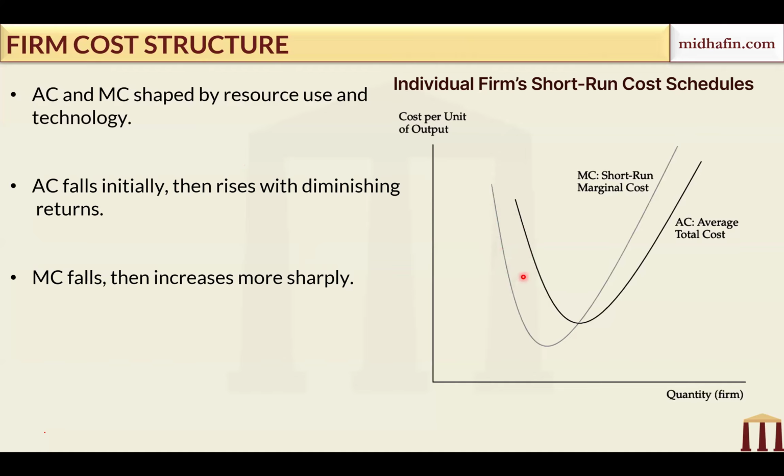But of course, after some point, what we discussed, diminishing returns take effect. And then the additional labor which we add produces smaller increases in output because these fixed inputs have actually been utilized in the most efficient manner already.